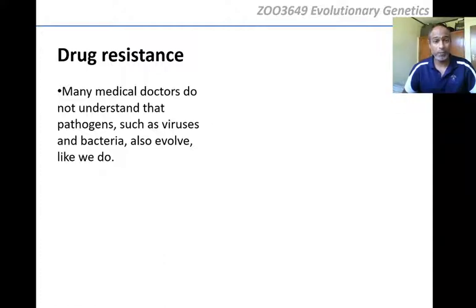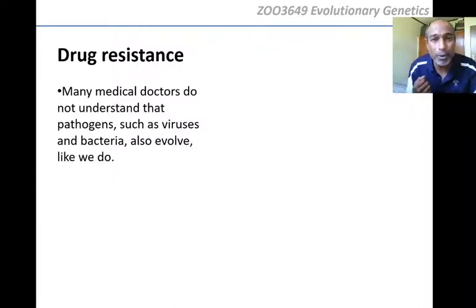Why? Because viruses also evolve. Bacteria also evolve. The viruses and the bacteria, they are pathogens. They are the ones that kill us.